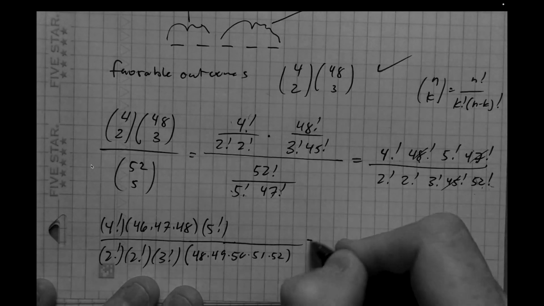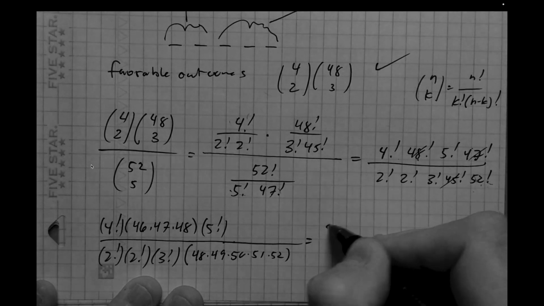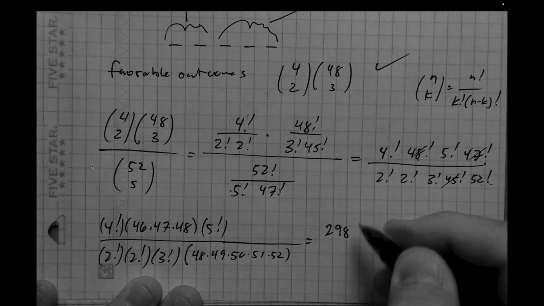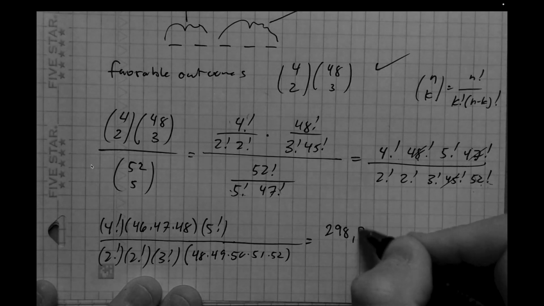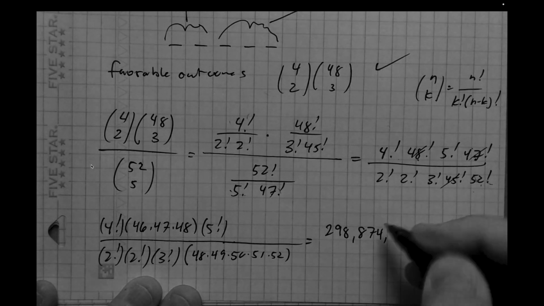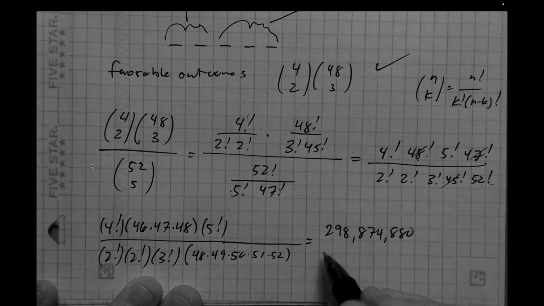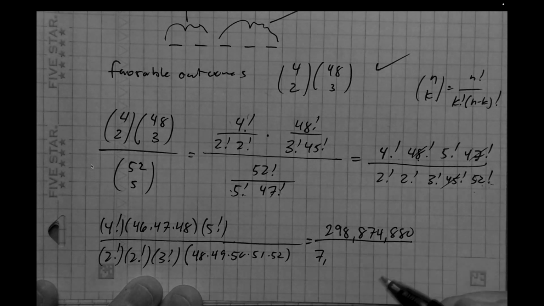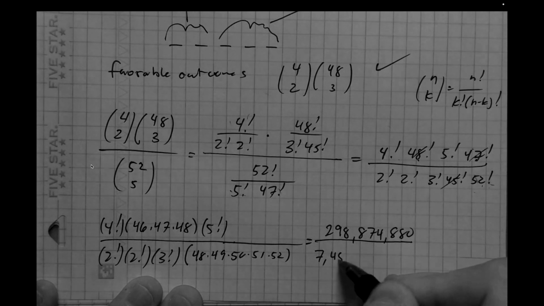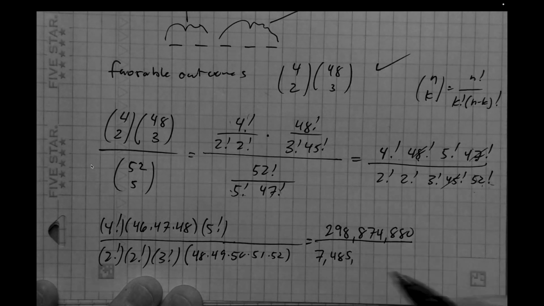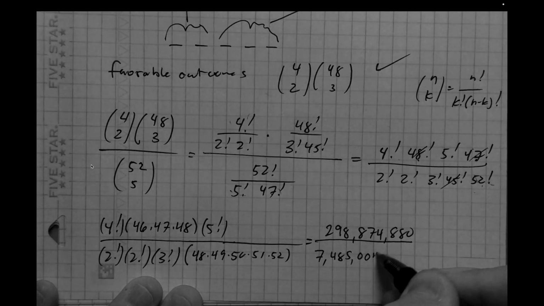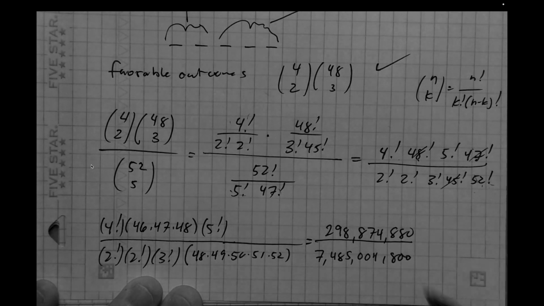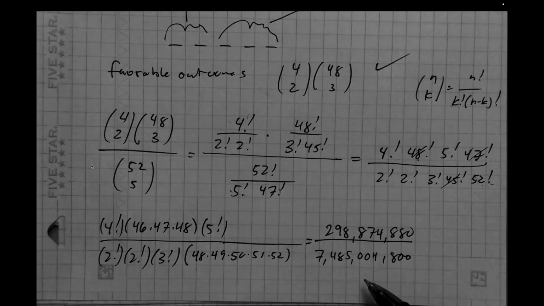And when you do that, you should see 298,874,880 up top. And in the bottom, you've got 485 million, 004,800. So really big numbers, as I said.